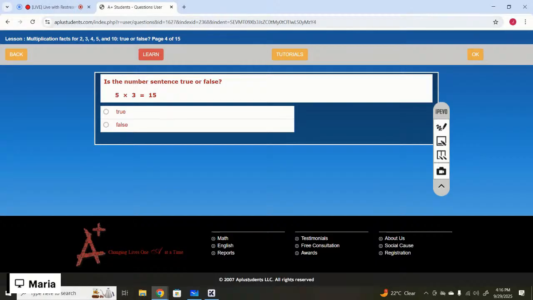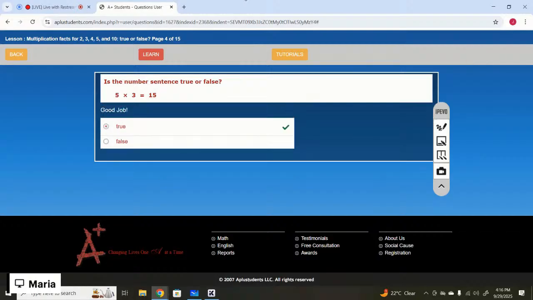Is the number sentence true or false? True it is. 5 times 3 is 15. Option number 1 is the correct option.